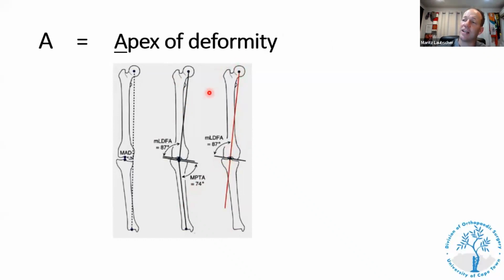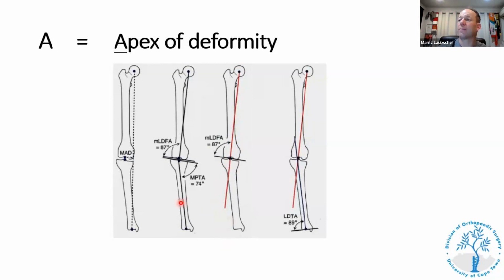Because the adjacent limb segment, the femur here, in this case is normal, the mechanical axis of the proximal part of the tibia should just be a continuation of the femoral mechanical axis. The mechanical axis of the distal tibia is basically a continuation of the lateral distal tibial angle, which is 89 degrees, and where these two intersect is the apex of your deformity.